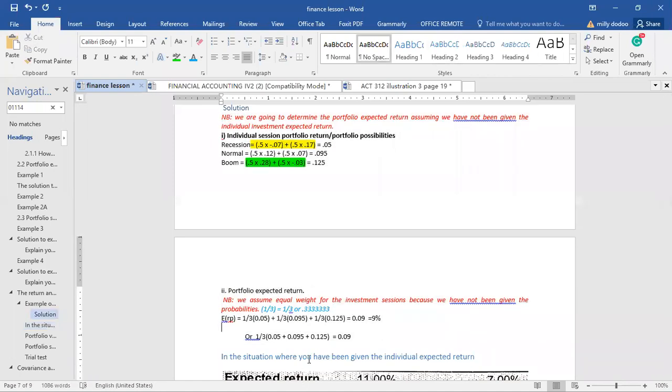We copy it and then we move on to the next aspect in the next 30 seconds. Okay, let's move on.